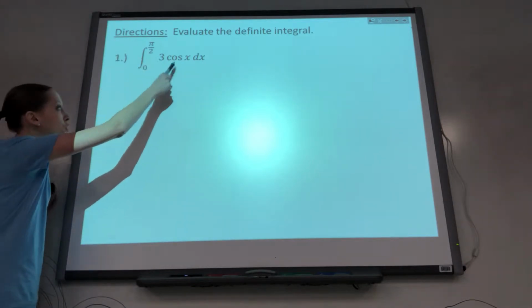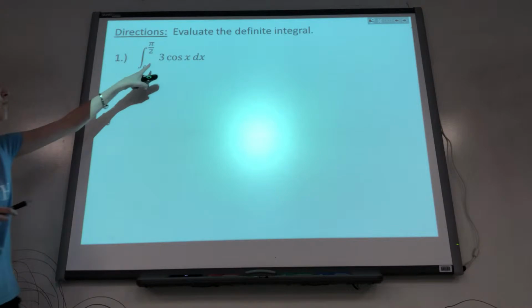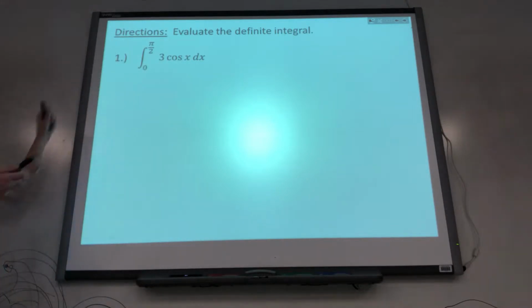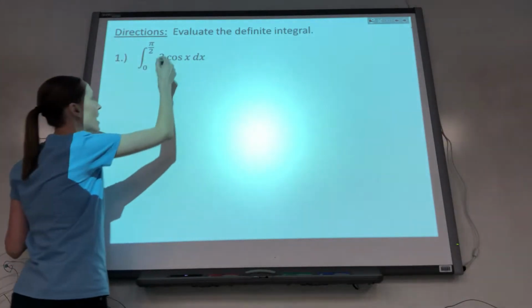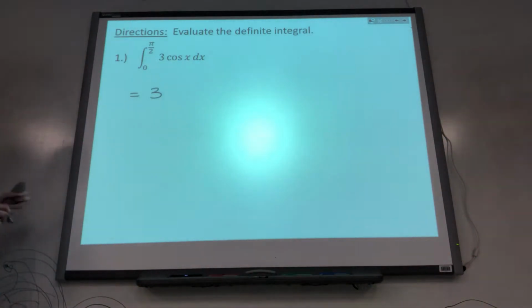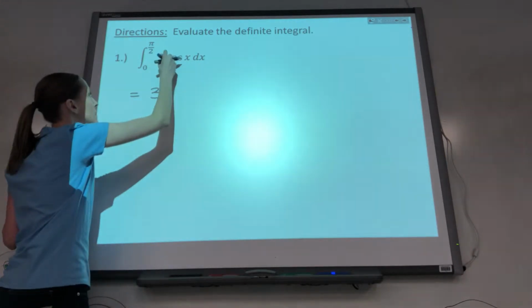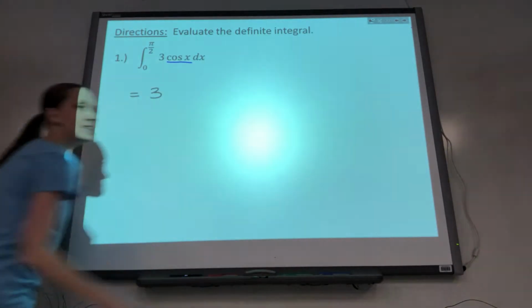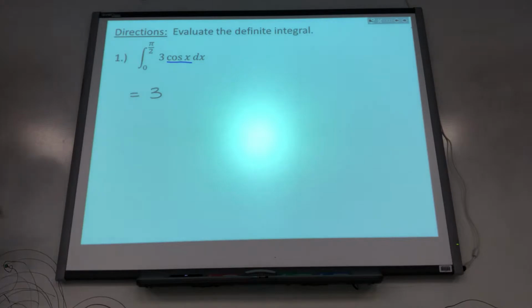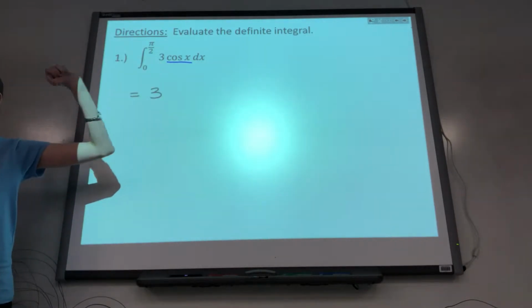Now, it is trig, but remember the multiple rule here for integration. Anytime you've got a number in front of your function, the number pretty much just stays there while you integrate the function. So, does anybody remember what you get if you integrate cosine?